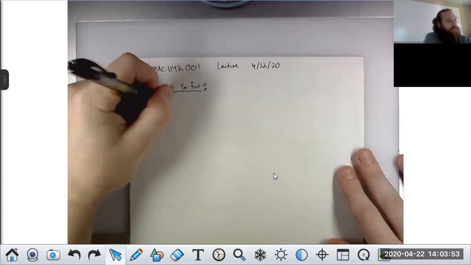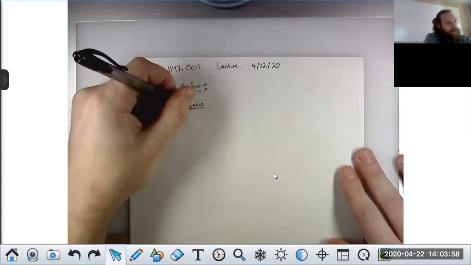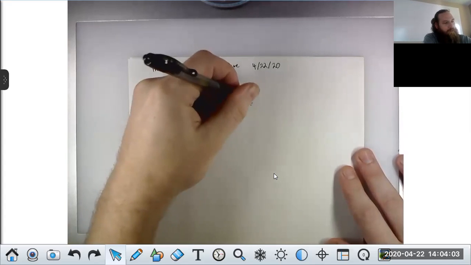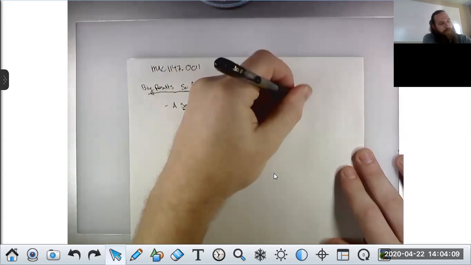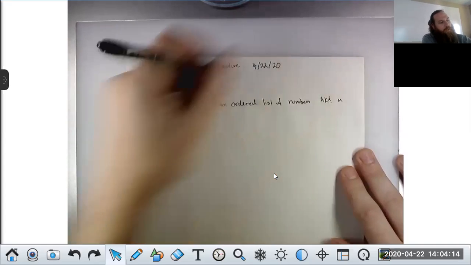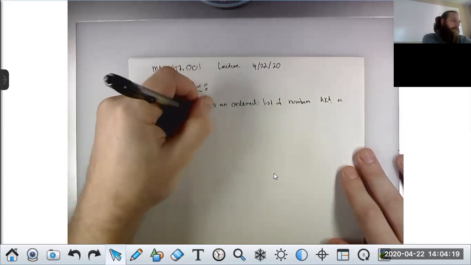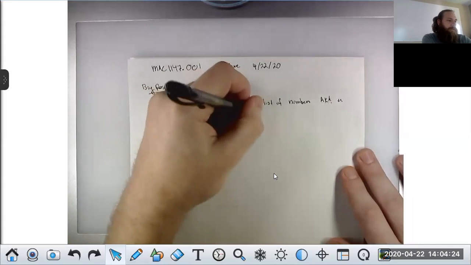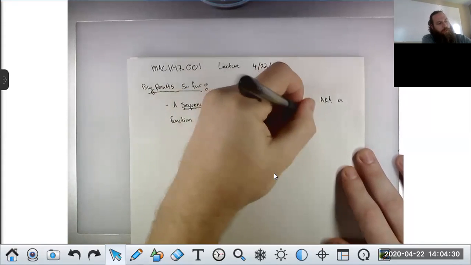We had a couple definitions. A sequence is an ordered list of numbers, aka a function whose domain is a subset of the natural numbers.